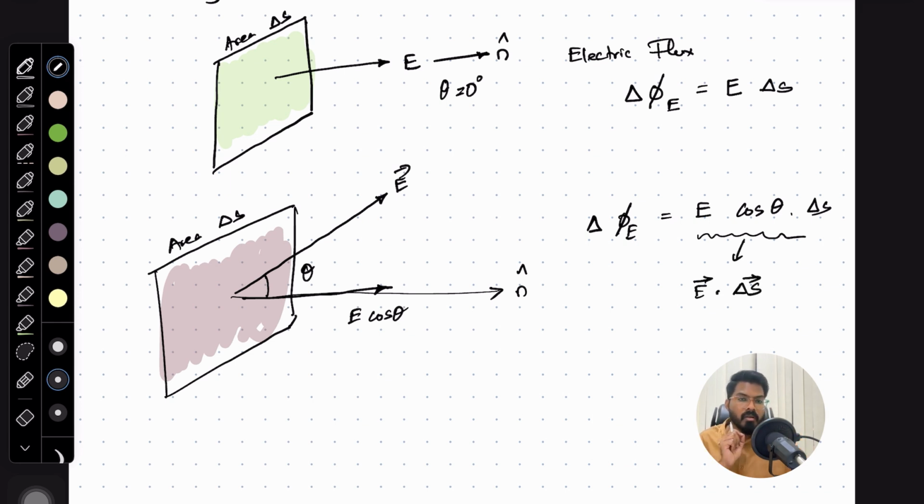This is a dot product. We are speaking about two vector quantities, but doing a dot product of the two, which results in a scalar quantity.